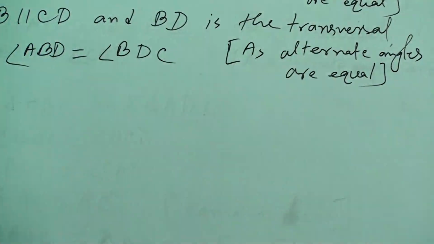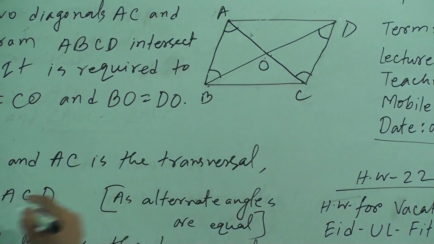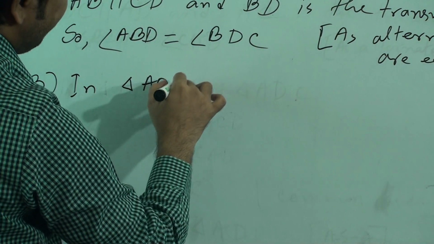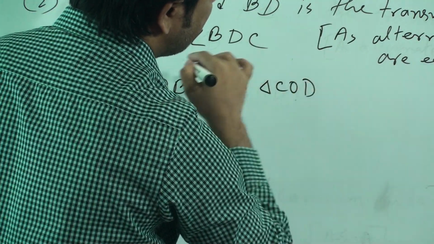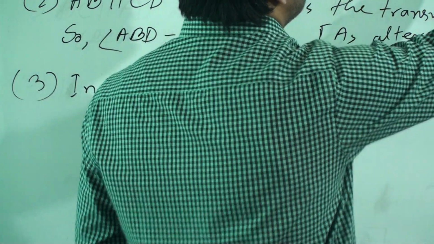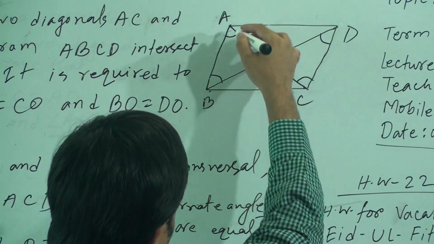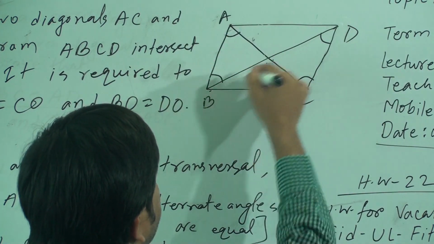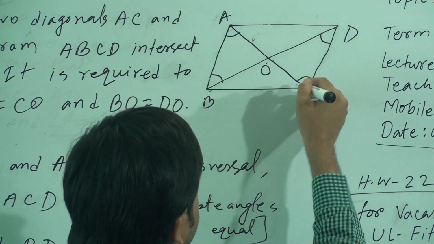Now we can compare two triangles AOB and COD. In step 3, in triangle AOB and triangle COD, angle BAC is equal to angle ACD and angle ABD is equal to angle BDC.